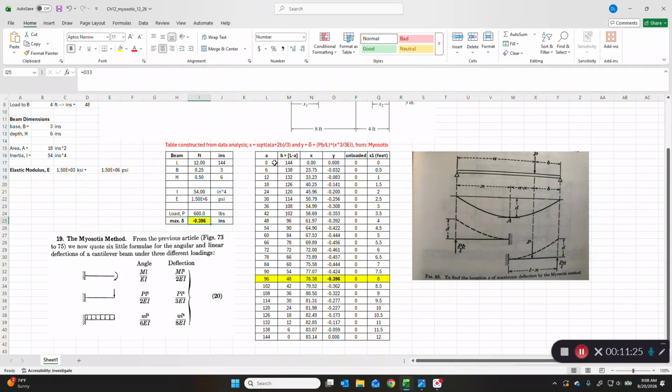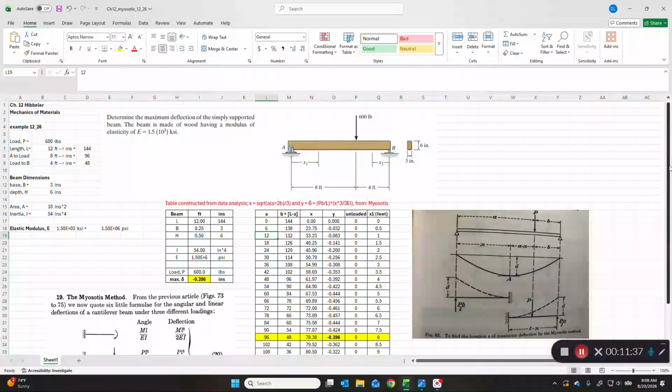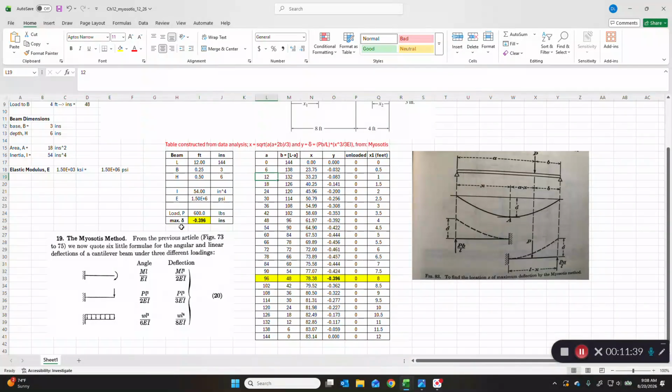All right, so we can set up our table of A from 0 to 144. Now B is going to be, and I did it in increments of 6 inches, because this is a 12-foot beam. Now, you could pick anything you want, but I thought 6 was good enough to give us a nice, robust analysis. And we're not doing Simpson's rule here. We're just algebraically calculating the answer, right?